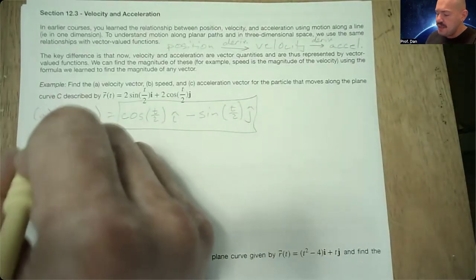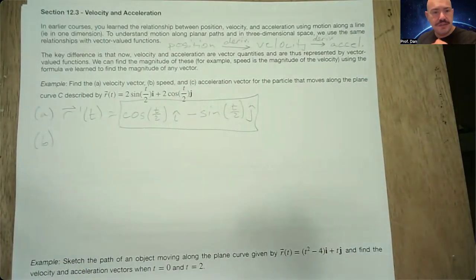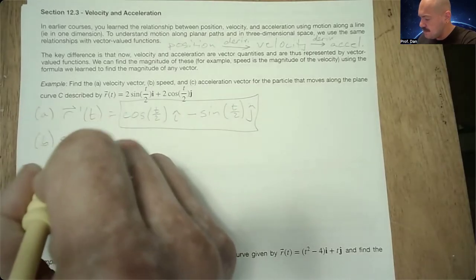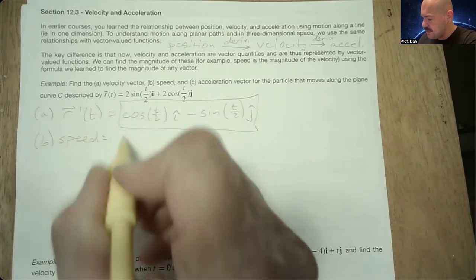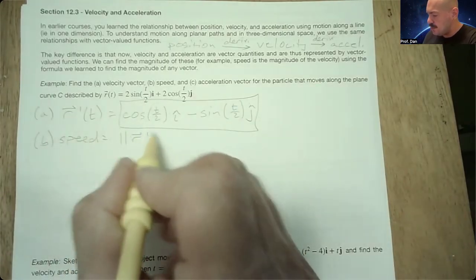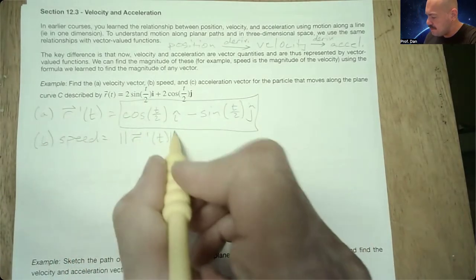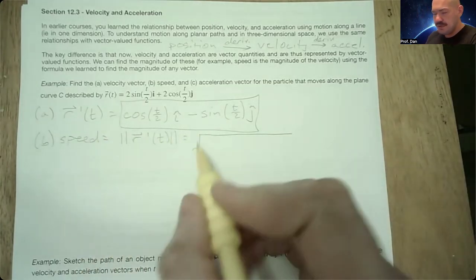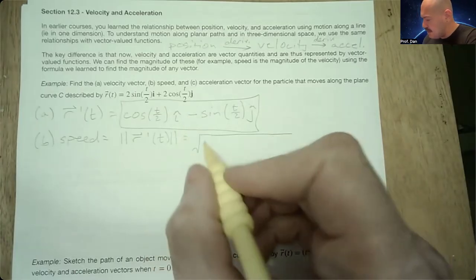Now for part B, I want to find the speed of the particle. So speed, remember, is the magnitude of velocity. So essentially, we want to find the magnitude of r prime, all right, which we can get from our extended Pythagorean theorem.